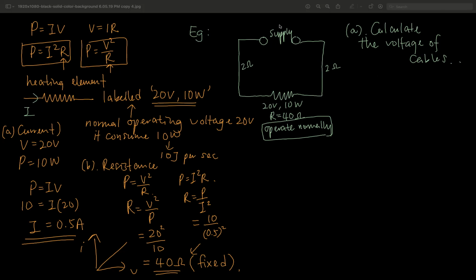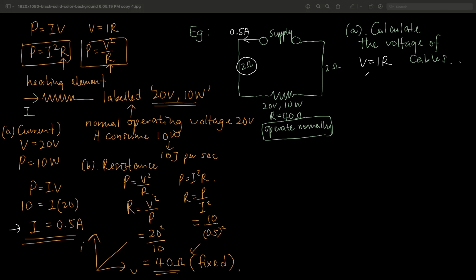Then you use V equals I R. Since you already know the resistance, and we already calculated before that it will draw 0.5 ampere of current, you have the current and the resistance.